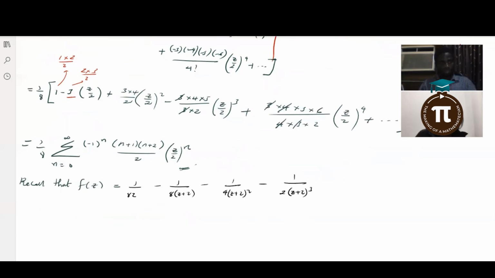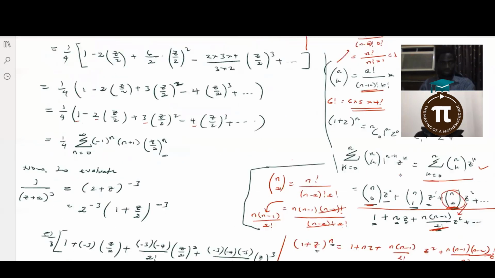So we have 1/(8z) minus 1/(8(z + 2)). 1 over z plus 2, we've done that before. What was the answer we obtained when we did 1 over z plus 2?